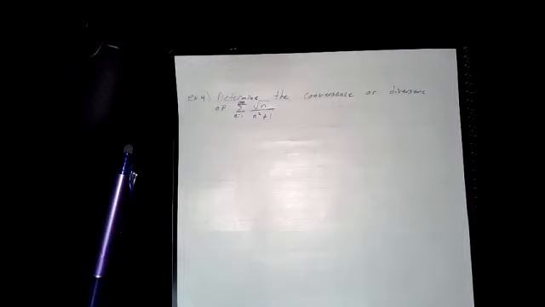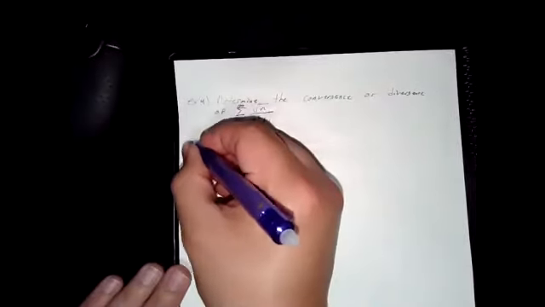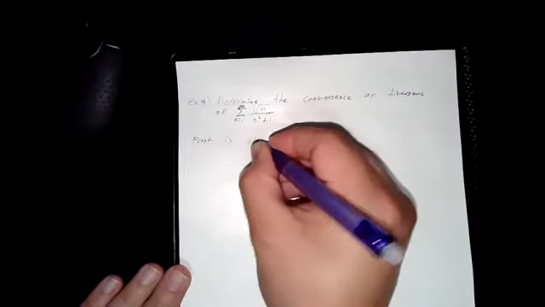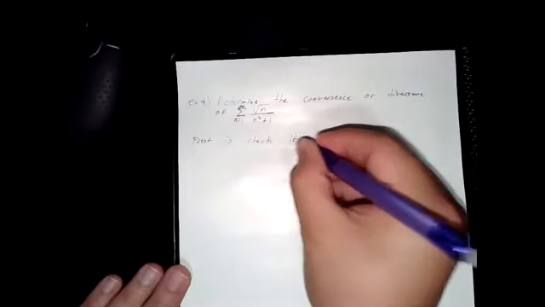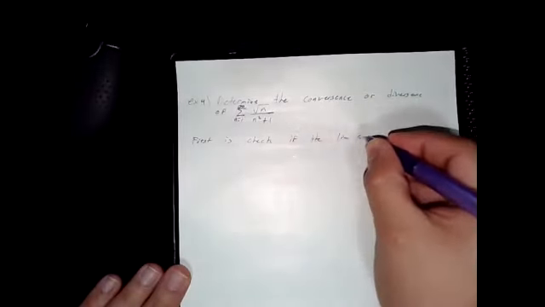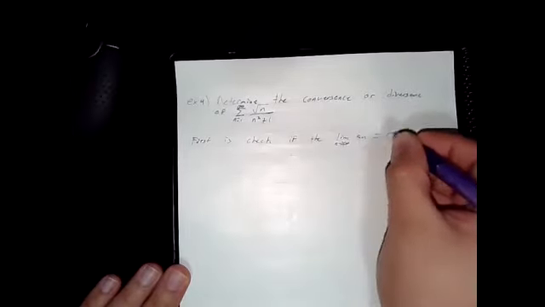Okay. So the trick here, well, first thing we're gonna do, right? I haven't been showing the procedure. So first thing is check if the limit of the sequence is equal to 0.